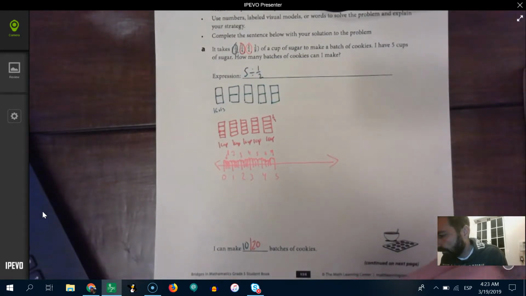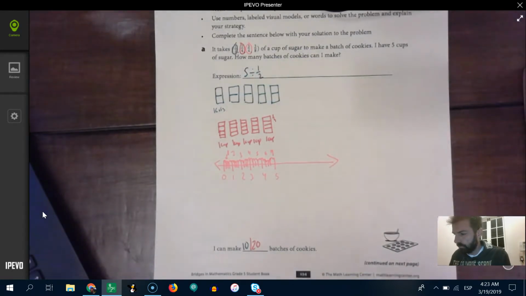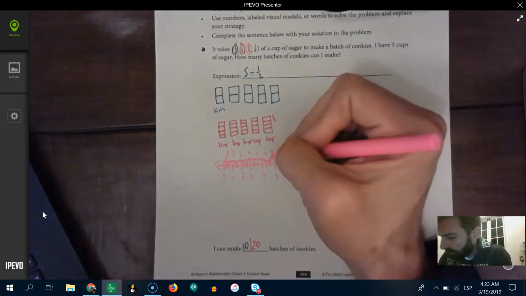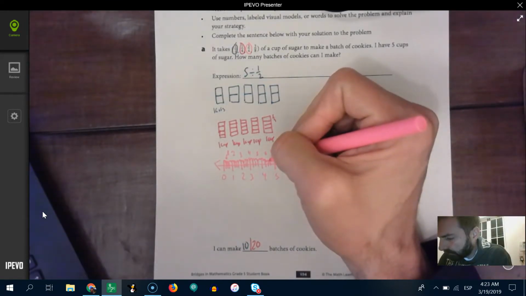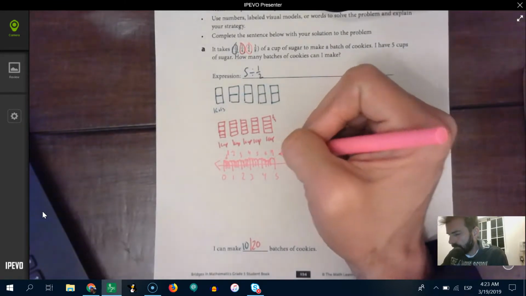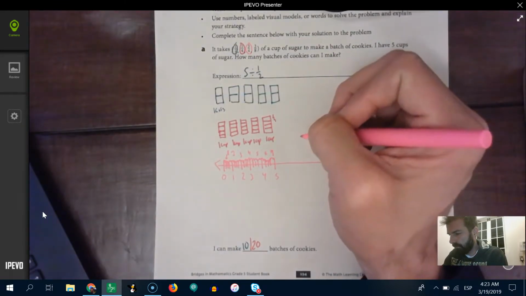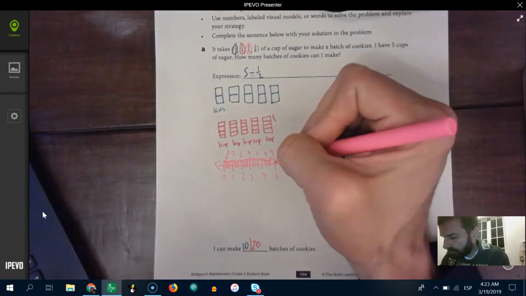It looks like there. Is that right? I'm not convinced. I think 6 went in, and then there was 2/4 left. So maybe 6.5.